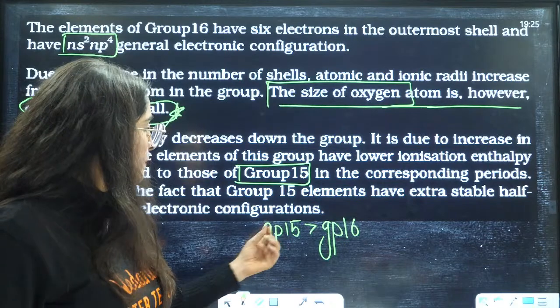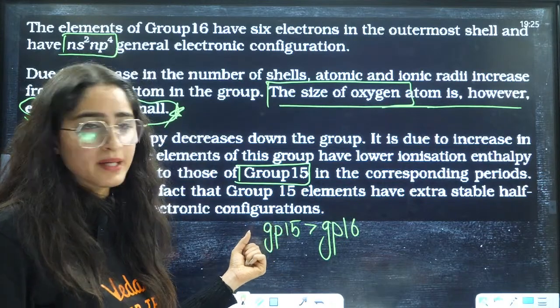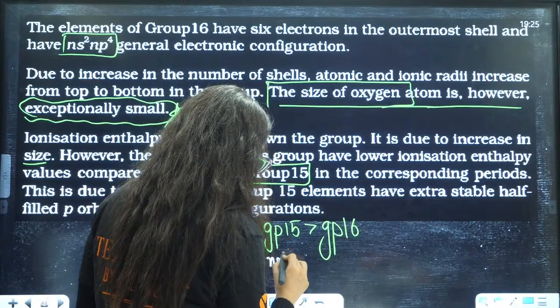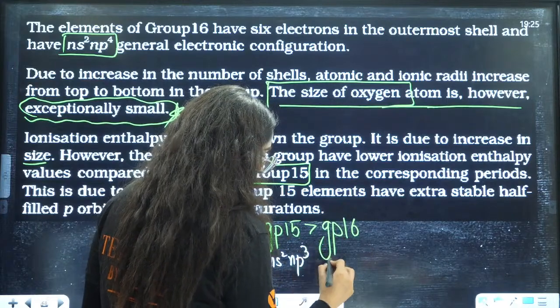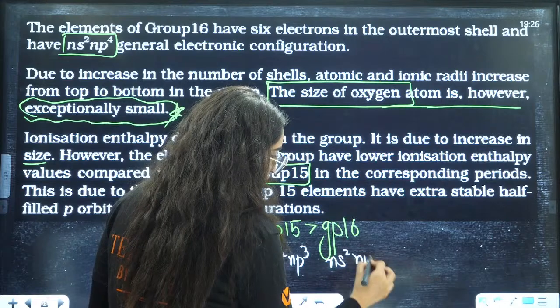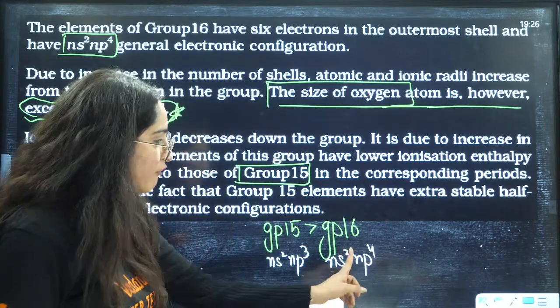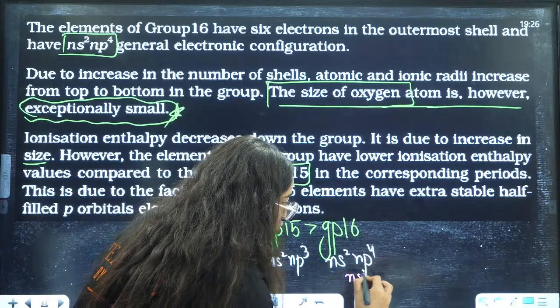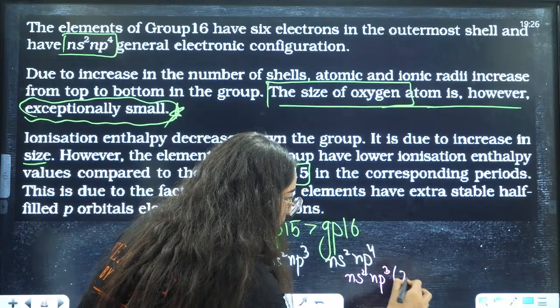The reason is that group number 15 elements had ns2 np3. Now group 16 has ns2 np4. After losing one electron, it will become ns2 np3, which is a stable state.